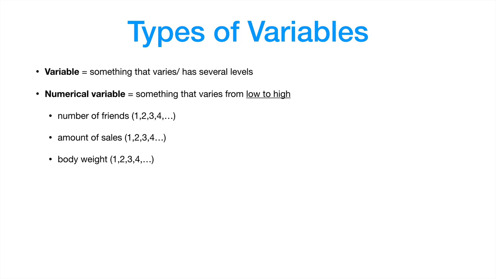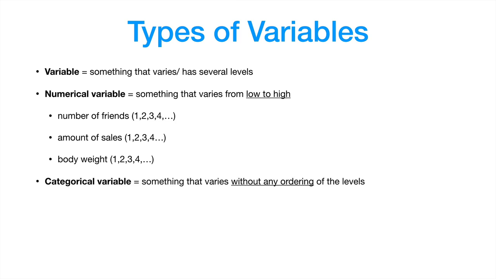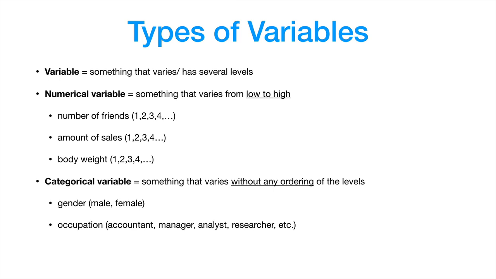Okay, another type of variable are categorical variables. And these are variables that vary without any ordering of the levels. So examples could be gender, with the levels being male and female, or occupation, with the levels being accountant, manager, analyst, researcher, etc. And examples could be nationalities, with levels being Indian, American, German, and so on.